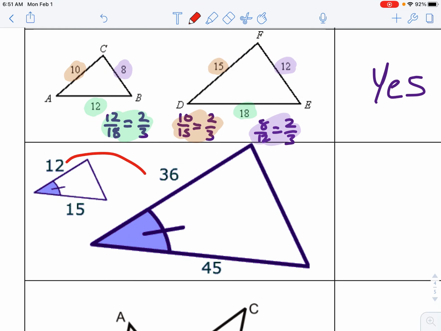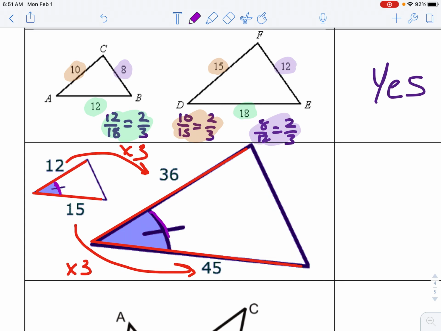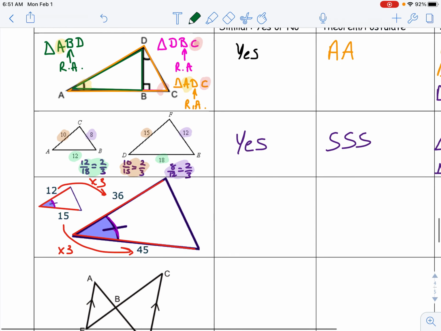Again, another way to think about it as well. 12, how do I get 12 to 36? Multiply by 3. How do I get from 15 to 45? Multiply by 3. So these sides are proportional. And notice how the sides that are proportional, notice how there's an included angle. And this included angle is congruent. So when we have two sides that are proportional and the included angle congruent, we can say side angle side.